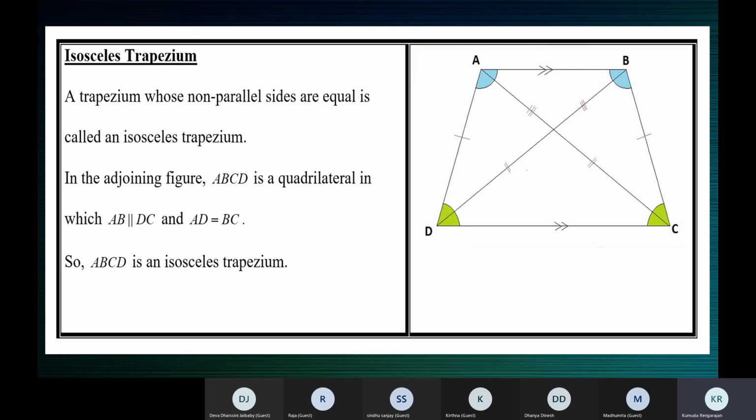You can see equality is marked here: AD is equal to BC. A trapezium in which the non-parallel sides are equal is called an isosceles trapezium. Do we understand that, children? Yes, ma'am. All right.